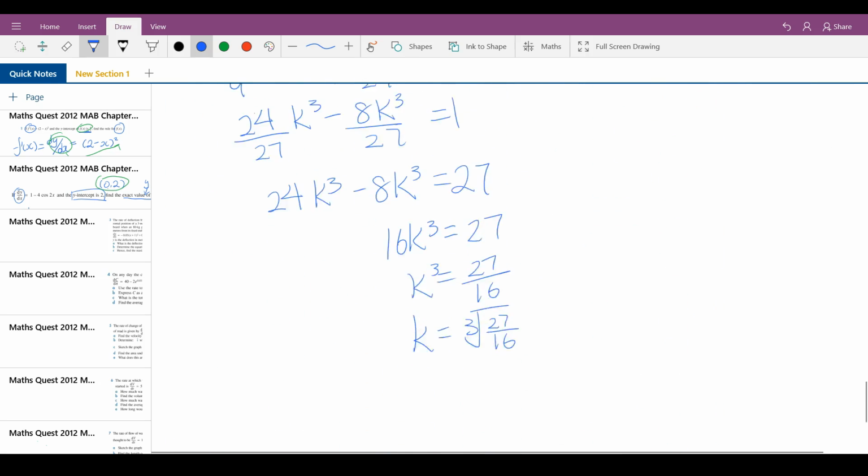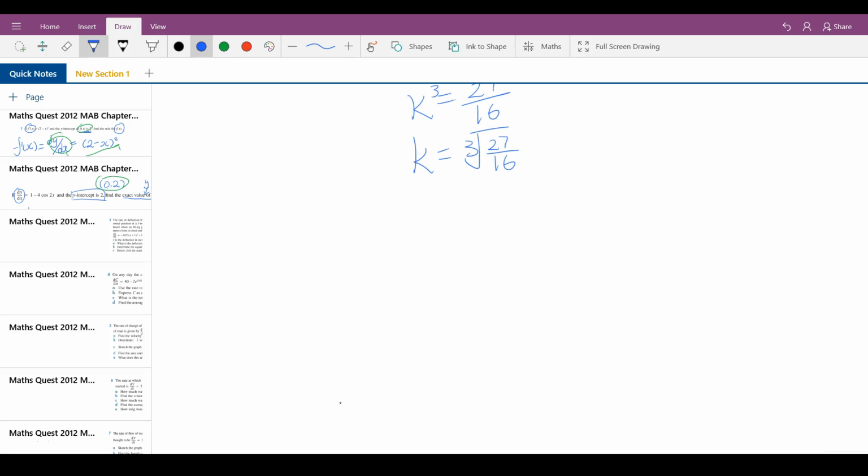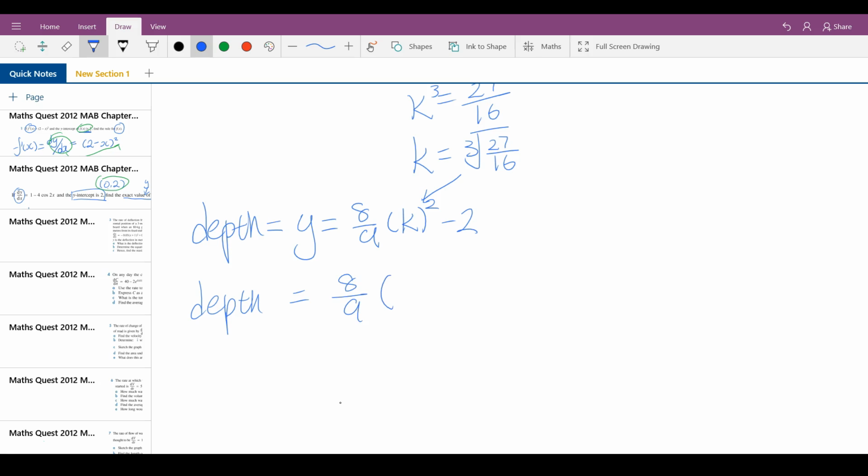So we know the depth is equal to y, which is equal to 8 over 9 k squared minus 2, and we just sub the value in here. So depth is equal to 8 over 9 times the cube root of 27 over 16, squared, minus 2.